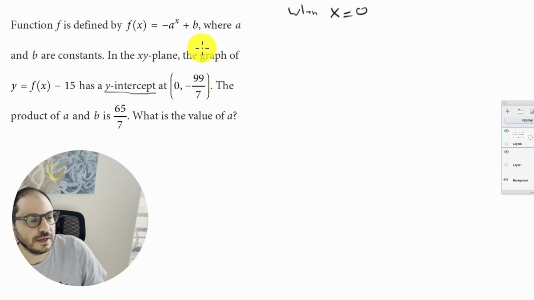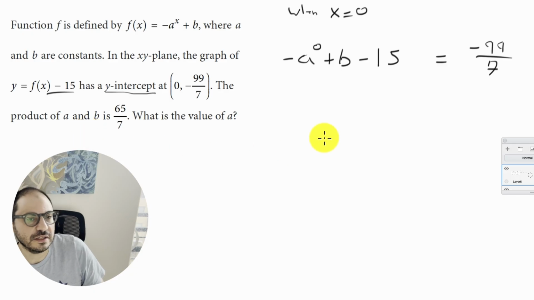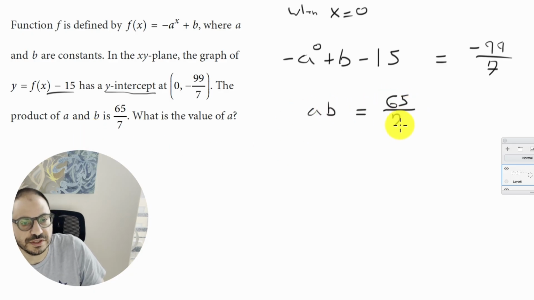So this right here, negative a to the 0, because for the y-intercept x has to be 0, plus b, and it's shifted down 15, minus 15, so that is going to equal negative 99/7.